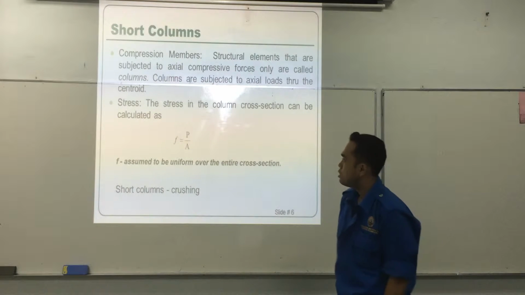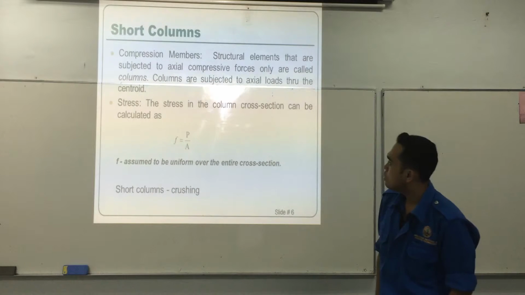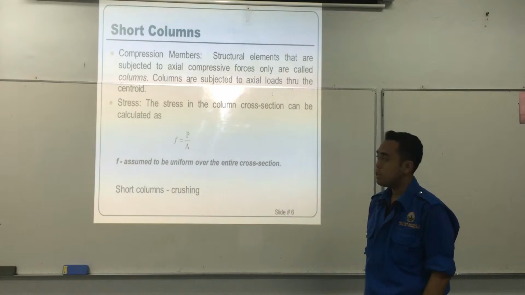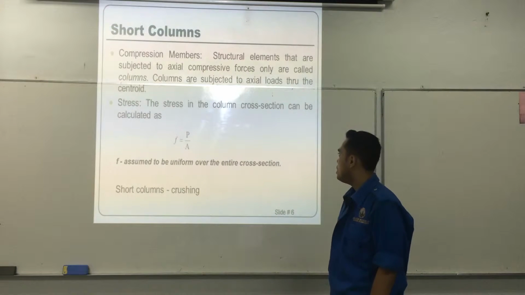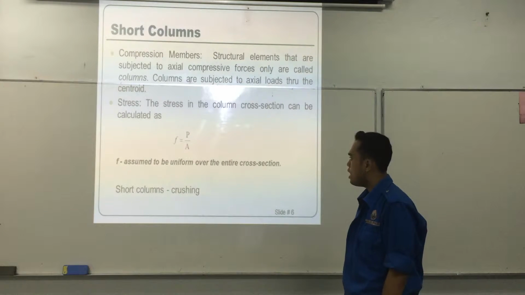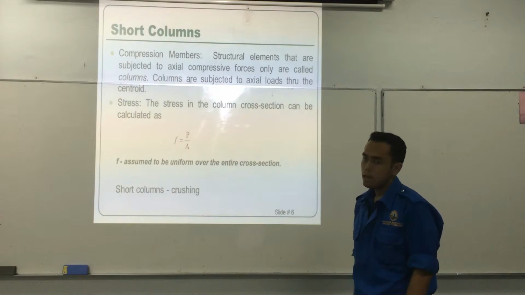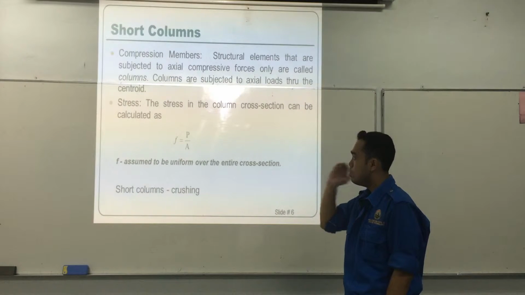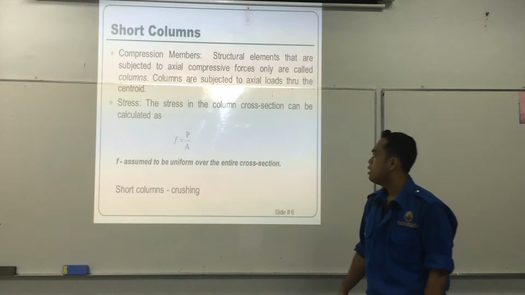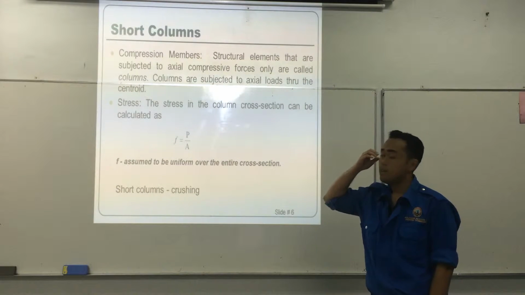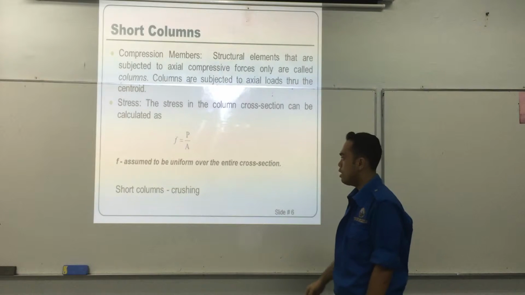We call it compression by axial loading. Then what is stress? The stress in the column cross section can be calculated as f equals P over A, where f is stress, P is the force, and A is the area.